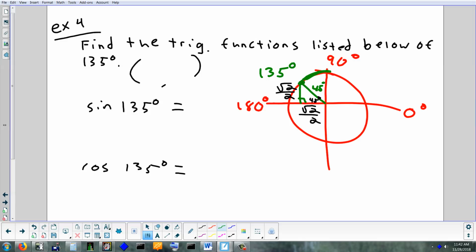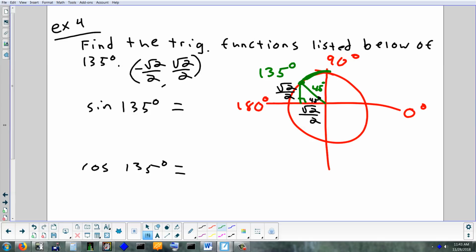So my x value is negative root 2 over 2, and my y value is root 2 over 2. The answers you get in other quadrants are pretty much the same, except sometimes they're negative. This time, one is negative and one is positive. They're not the same, so if you mix them up, we're going to get the signs off.